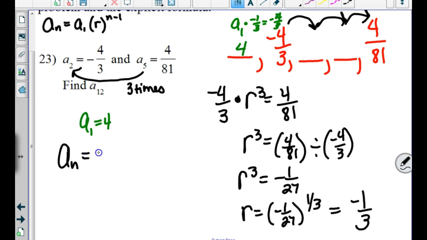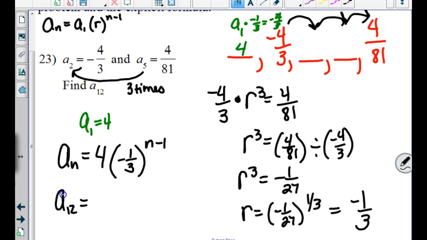So we're going to put out here a 4. That's it. Make sure you have parentheses. And then to find the 12th term, we're going to put in a 12 up here. So 4 times parenthesis negative 1 divided by 3 close parenthesis to the 11th power, or 12 minus 1.